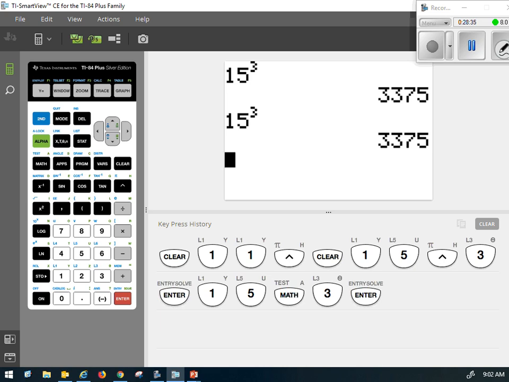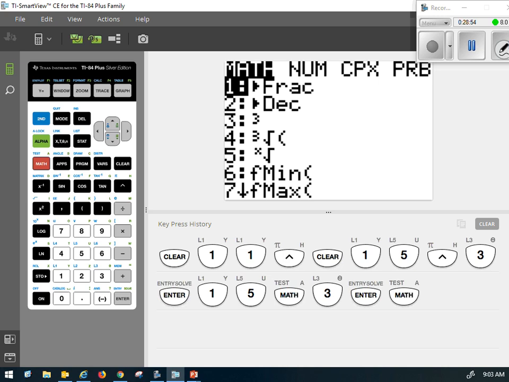Take the cubed root. It's not called a square root when it's a cube. So you would take the cubed root, which means you put a little 3 right here. Then on your calculator, where is that cubed root button? Okay, you go to math and it is number 4.